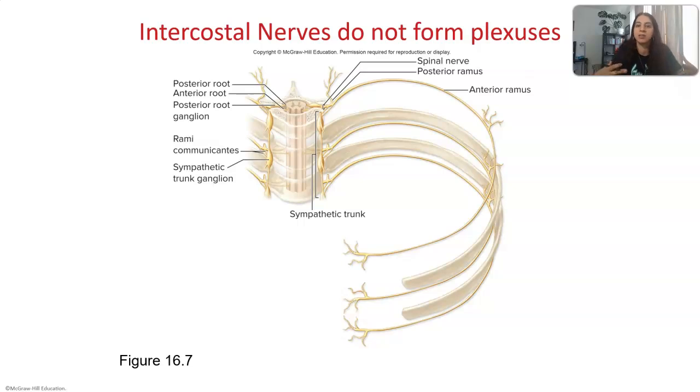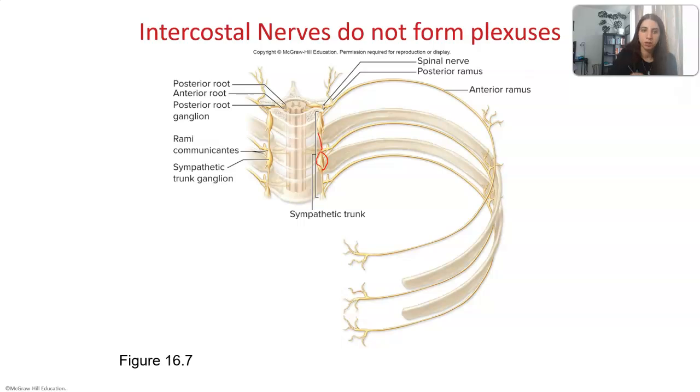Instead, you still have the posterior ramus going and innervating deep muscles of the back, and you still have that sympathetic trunk with its ganglia. I don't think I even mentioned these ganglia. We mentioned the rami communicans contain axons of autonomic neurons, but their cell bodies are located in sympathetic trunk ganglia, and ganglia are part of the peripheral nervous system because they are outside of the brain and spinal cord.